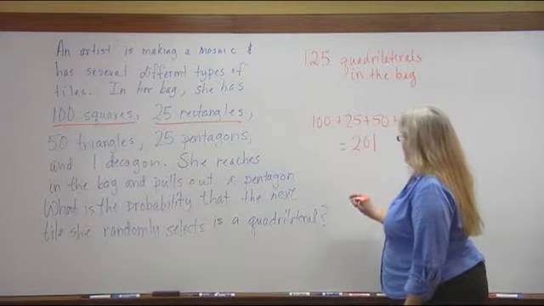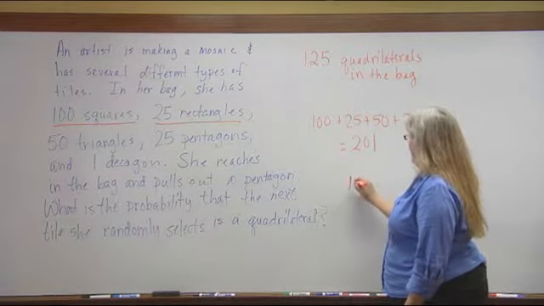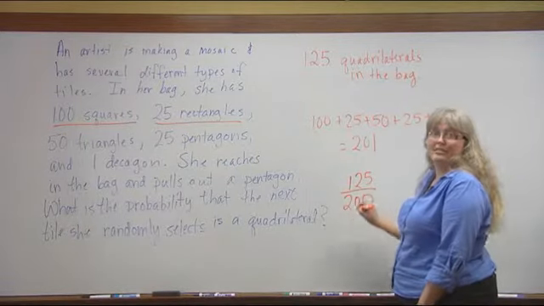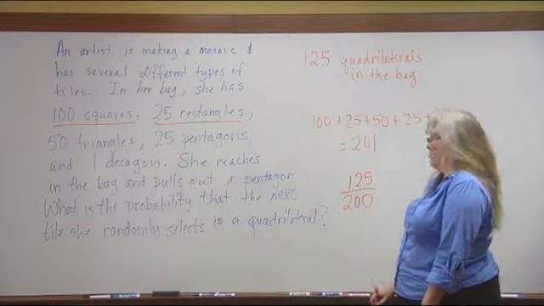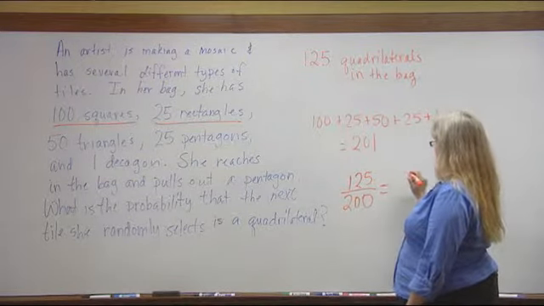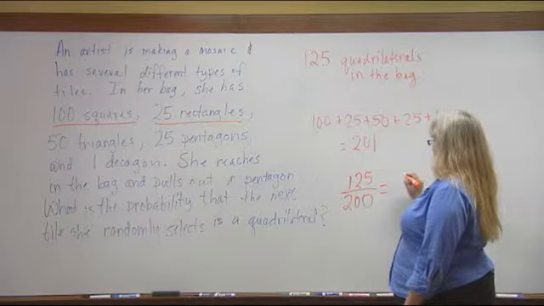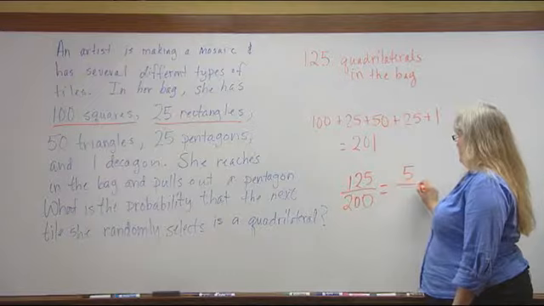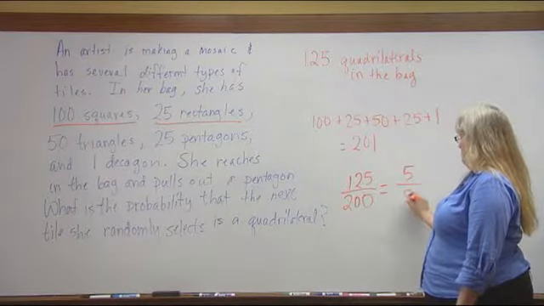So at this point, the probability is going to be 125 out of 200, because that's the number of shapes in the bag at this point. And this will reduce to, what? 25 will divide. Five-eighths.